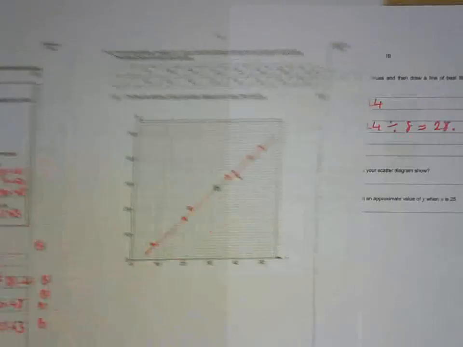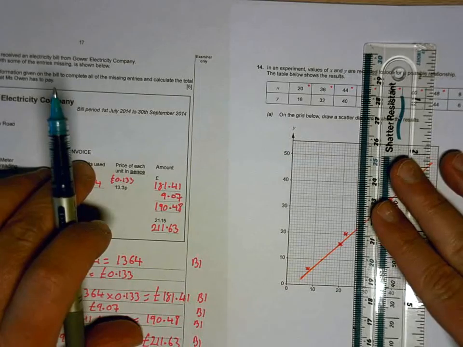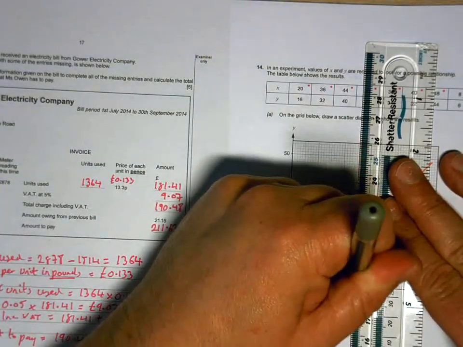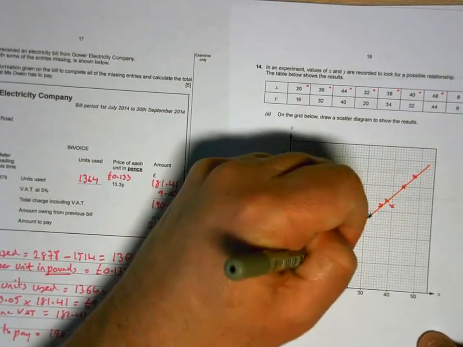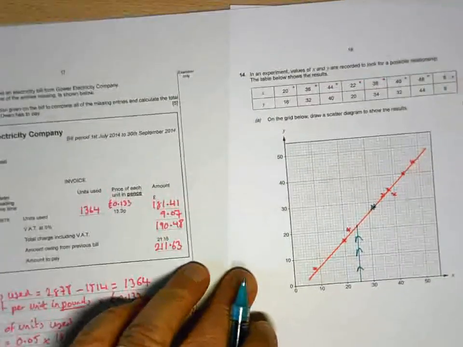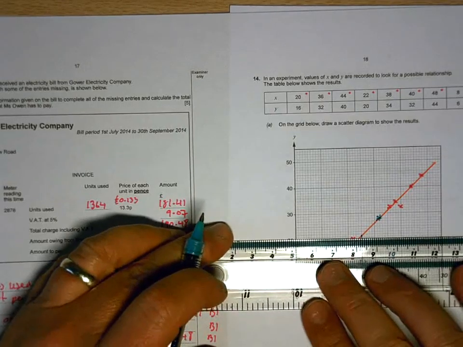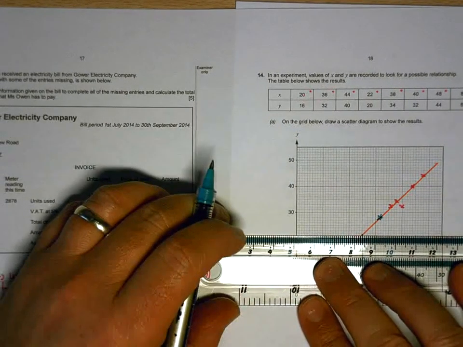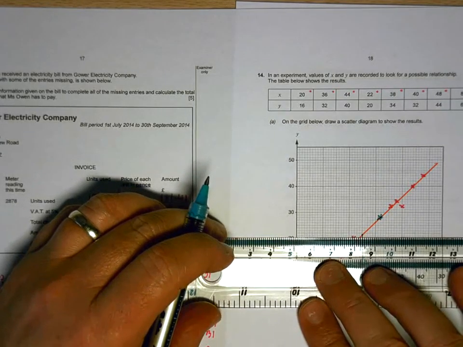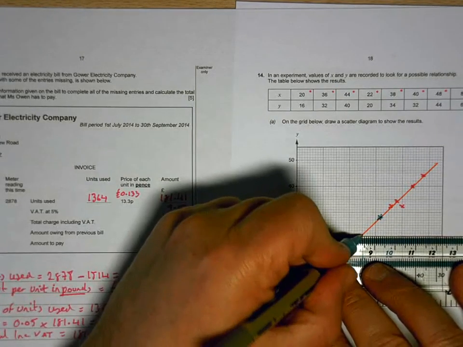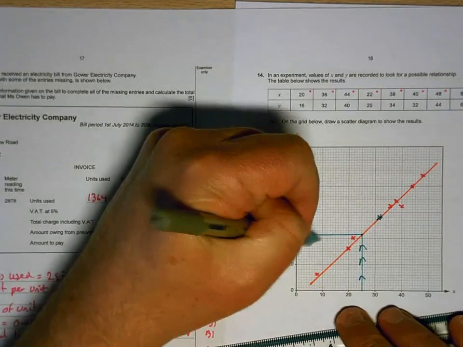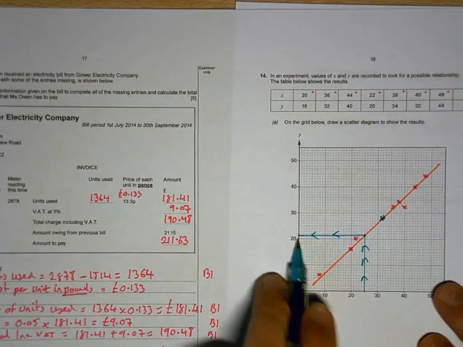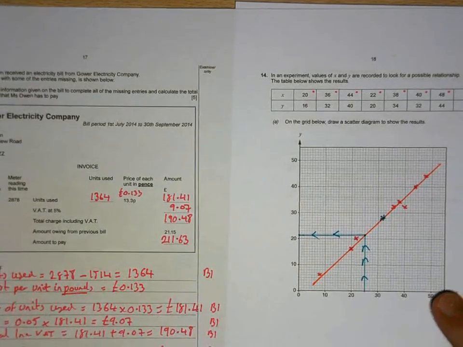So when x is 25, what I'm doing is showing the examiner that I know how to use my graph. So I'm estimating that the y value will be 21.